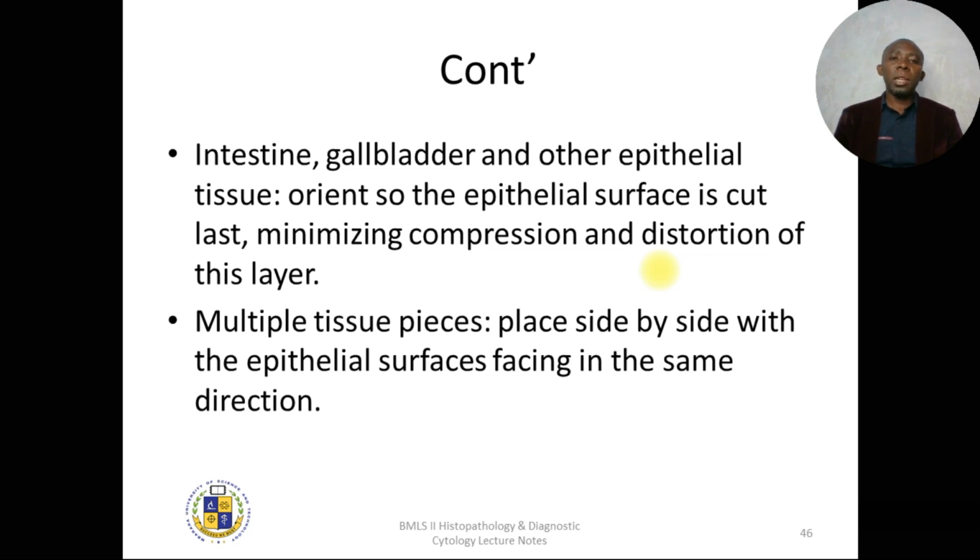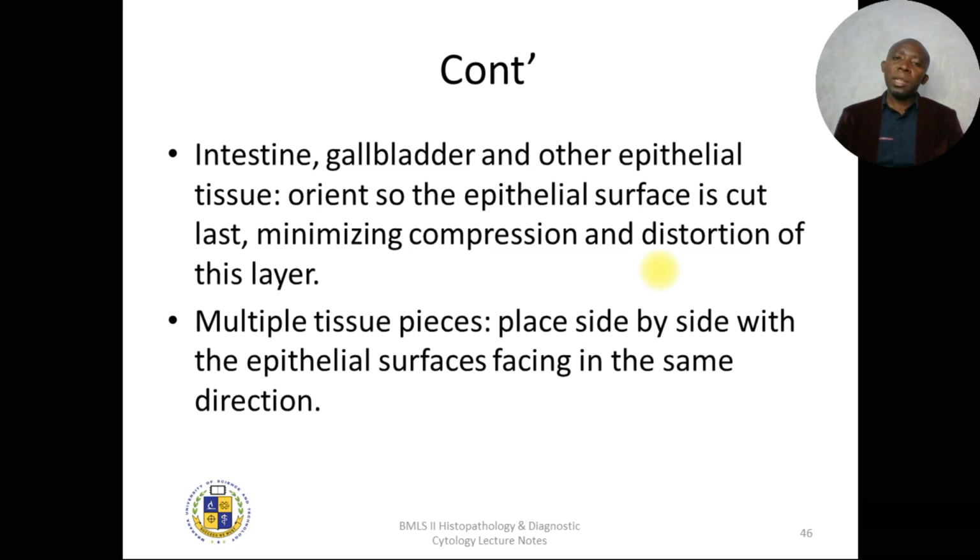Like for example, intestine, gallbladder, and other epithelial tissues are oriented so that the epithelial surface is cut last, minimizing compression and distortion of this layer, because it is very significant in diagnosis. So this is very important. The epithelium is very important in histology, so we need to ensure that it is visible enough.